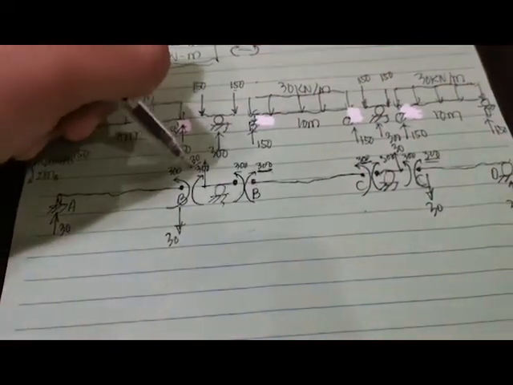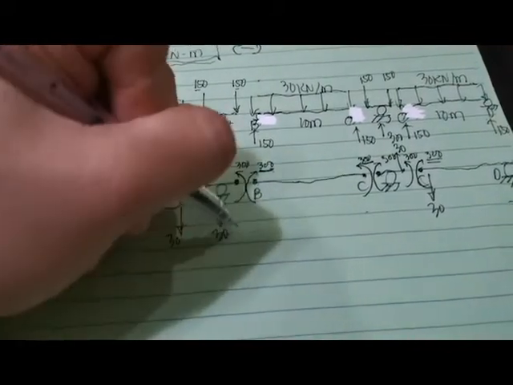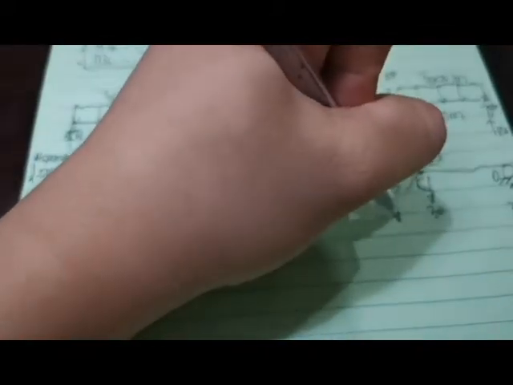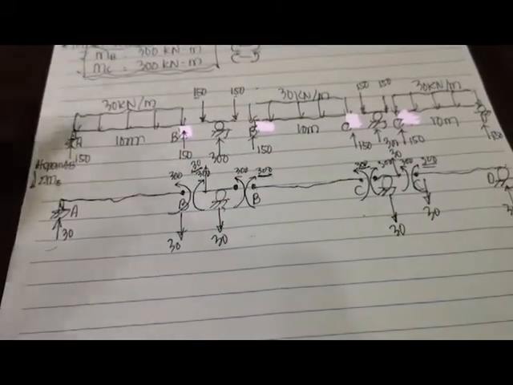So kung may 30 tayong upward, we can say that this is 30 downward, this is 30 downward also. Okay, so we add all the reactions now.